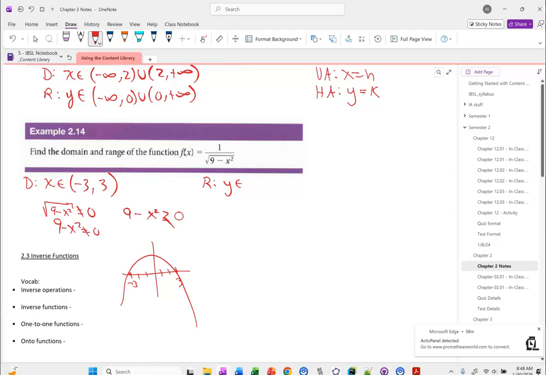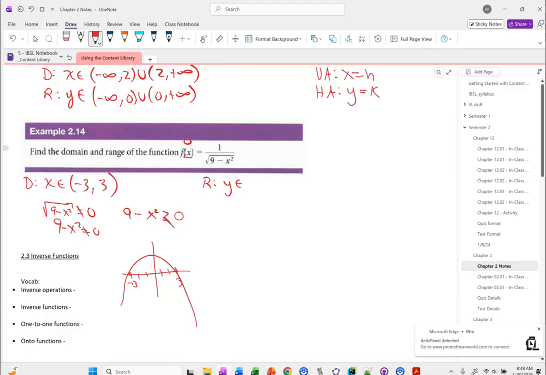This is a lot tougher. I'm going to make the same argument I did before. If I plug 0 in for y, that has no solution, right? You should be able to see that real quick now after I pointed it out to you.